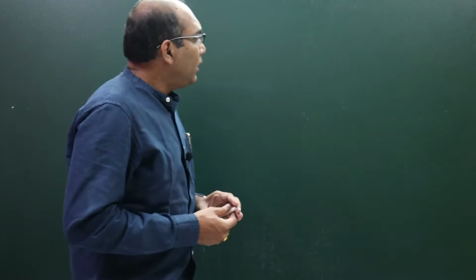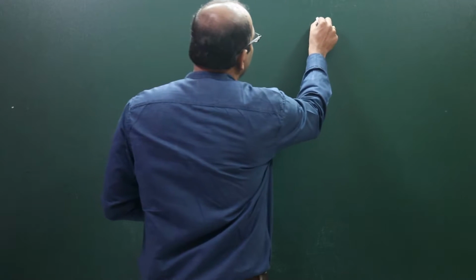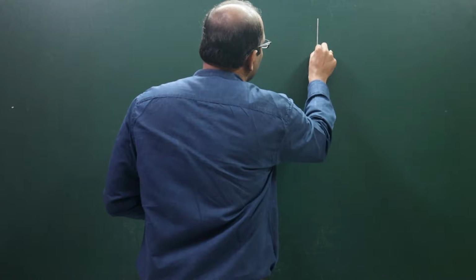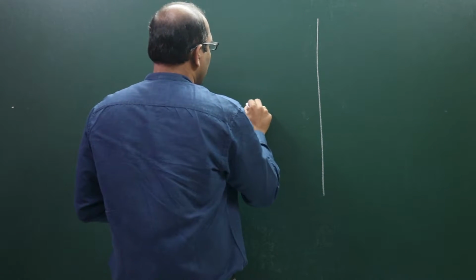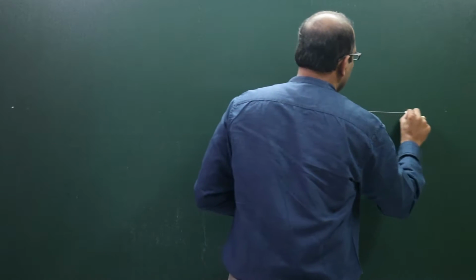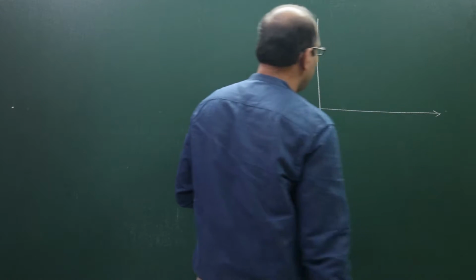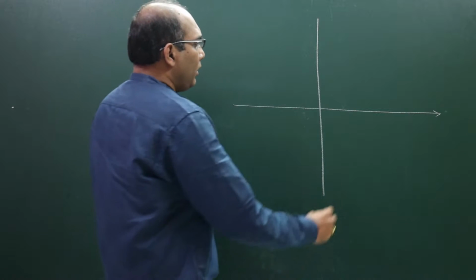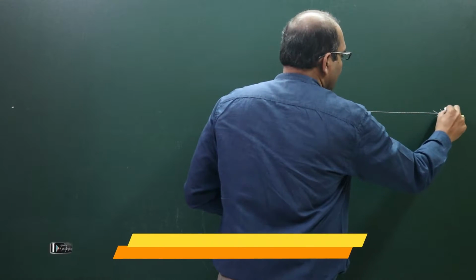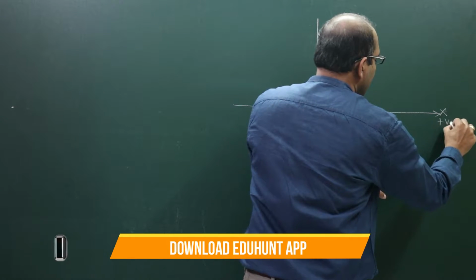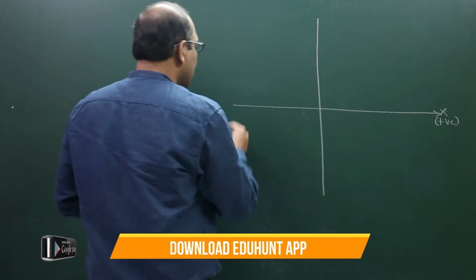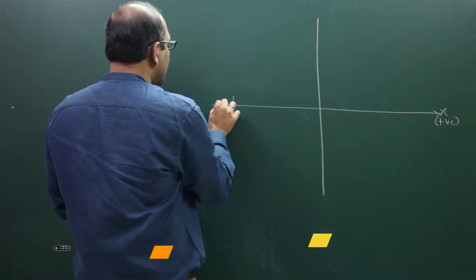Now let us consider the coordinate axis. This is x-axis, in fact positive x-axis. This is negative x-axis.